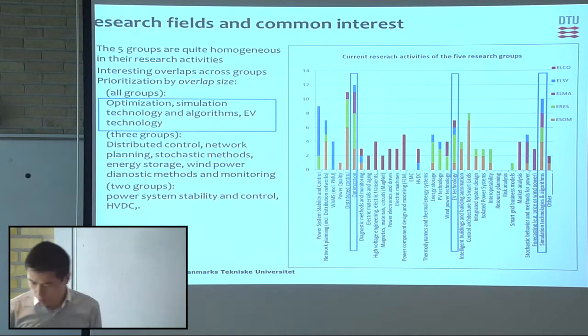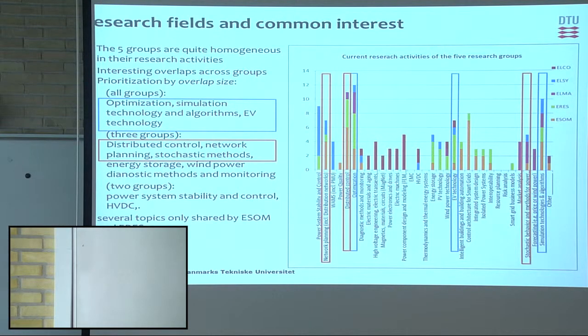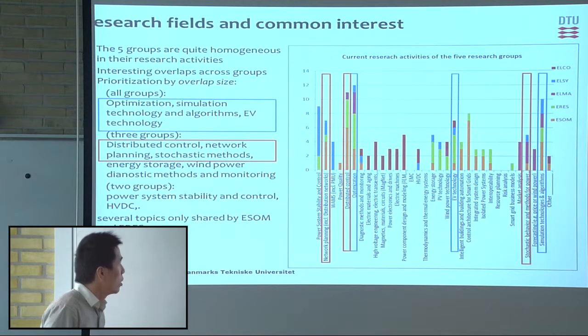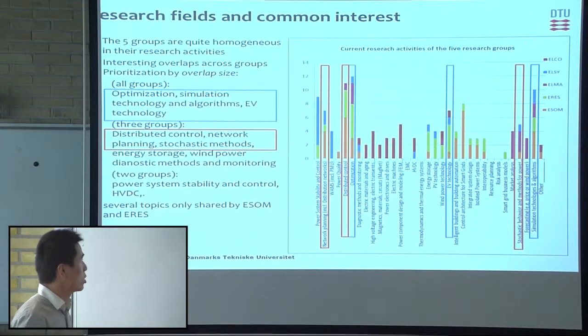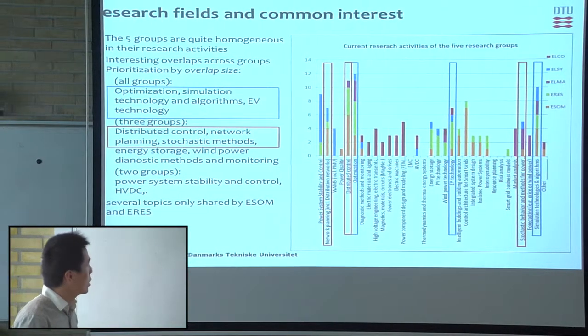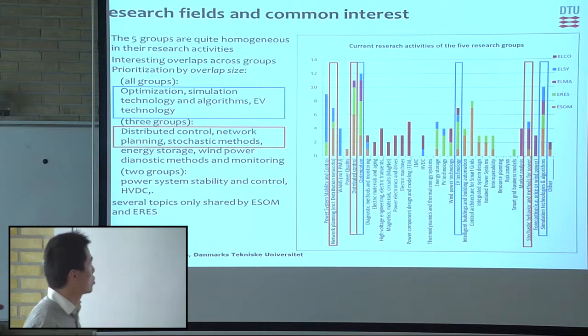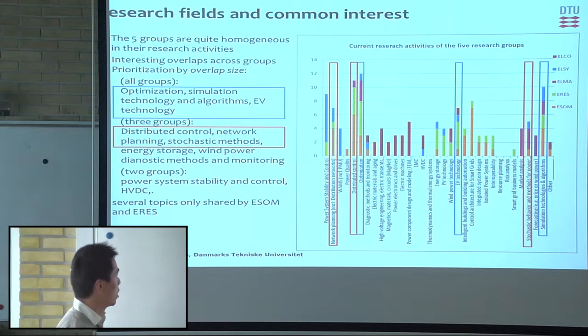We also find some topics shared by 3 groups, such as distributed control, network planning, stochastic method. And we also find energy storage, wind power, diagnostic method, and monitoring. This kind of topic is also equally studied by 3 groups.